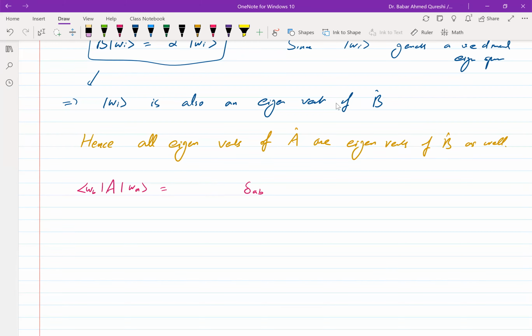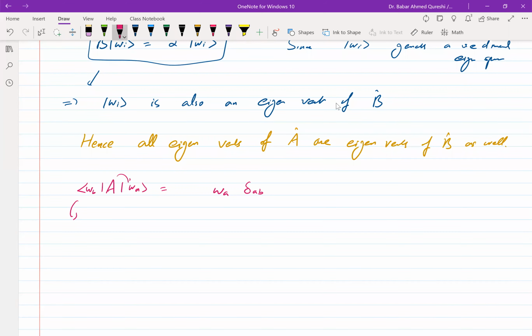Well, because all the eigenvalues are distinct, this is what's happening.